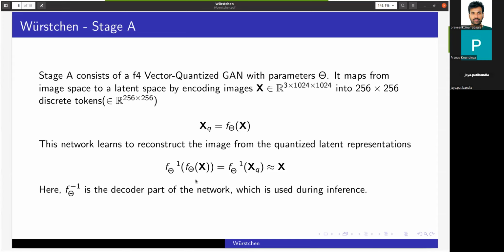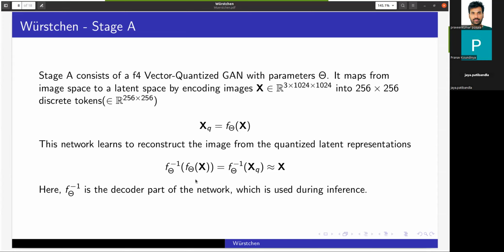However, during the inference or the sampling process, we use only the decoder part, because we need the VQGAN only to project from a latent space of 256 cross 256 back to the image space. We're not going to use the encoder part of the VQGAN. During training, we will use both, right? But during inference, only the decoder.